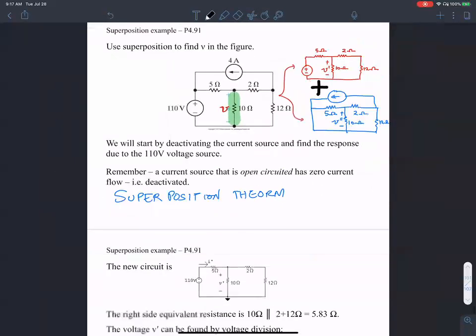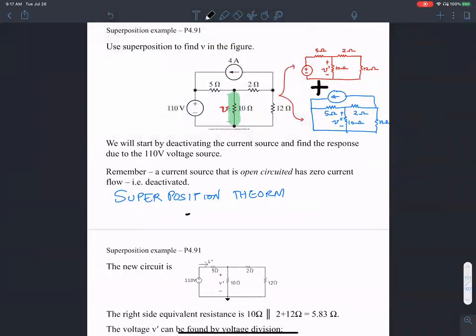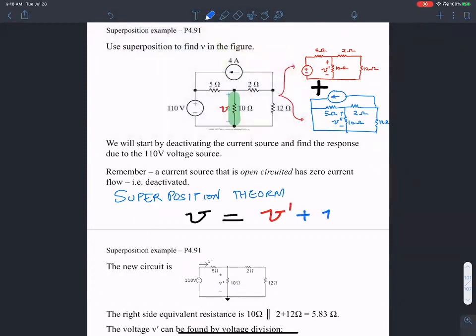In other words, by the superposition theorem, the value that you're interested in finding, V, can be found by using V dash and V double dash.